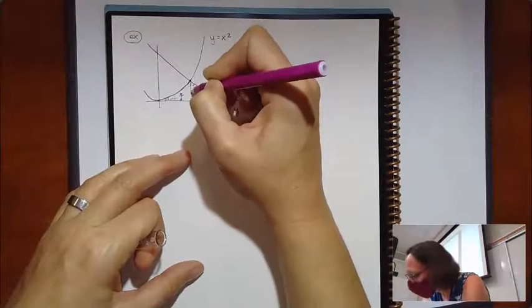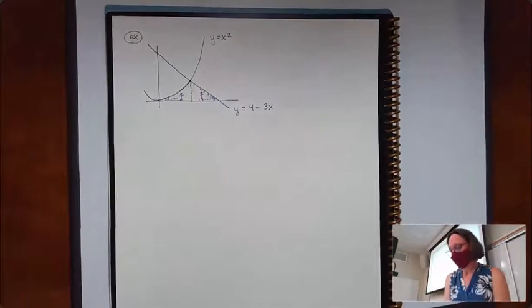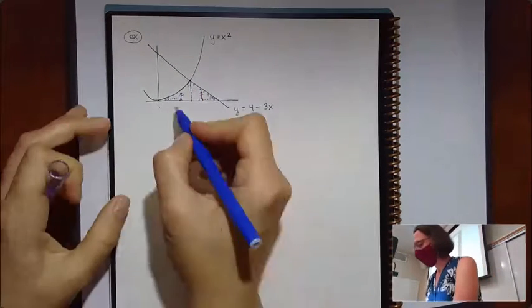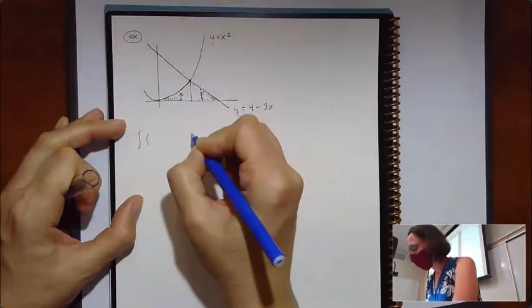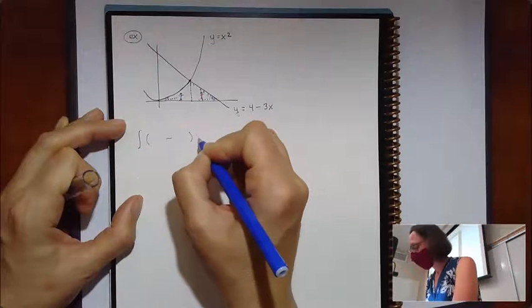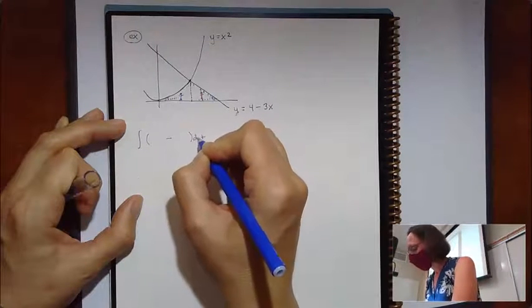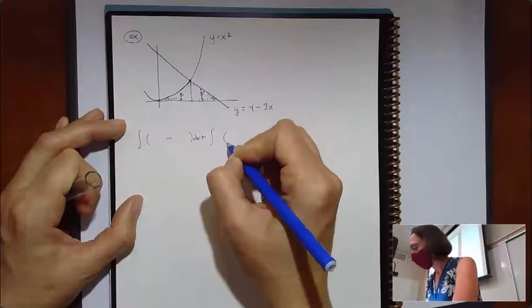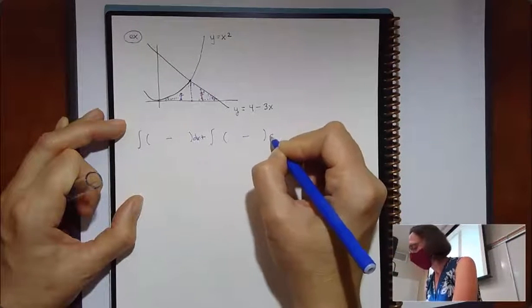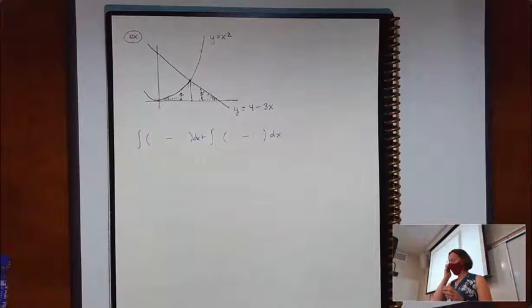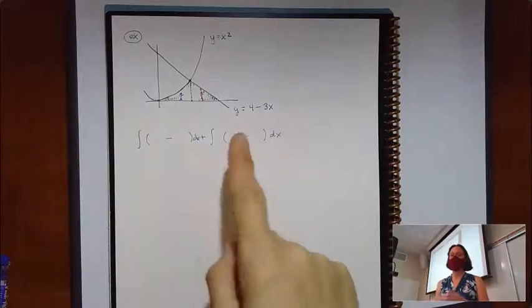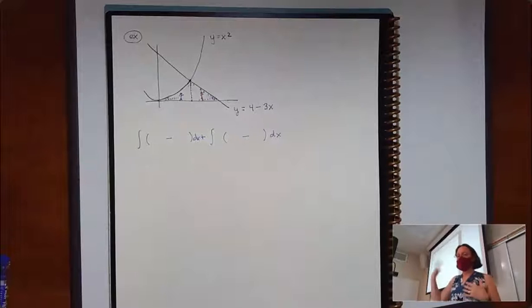So I'm going to have to break this apart here and separately figure out the area of that first room with a top minus a bottom, plus the area of my second room with a top minus a bottom. I'm going to let everybody sit with that. You'll have to figure out what the limits of integration are and who's on the top and who's on the bottom.